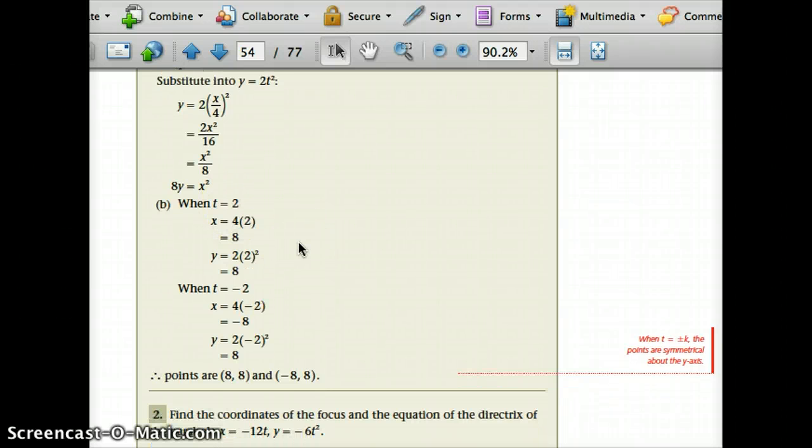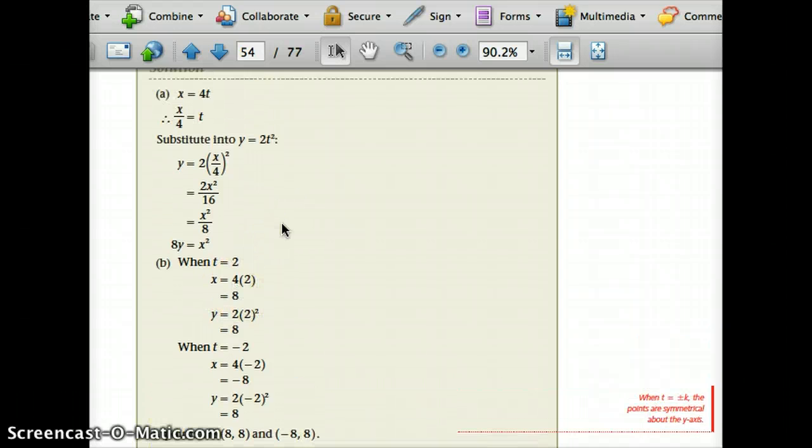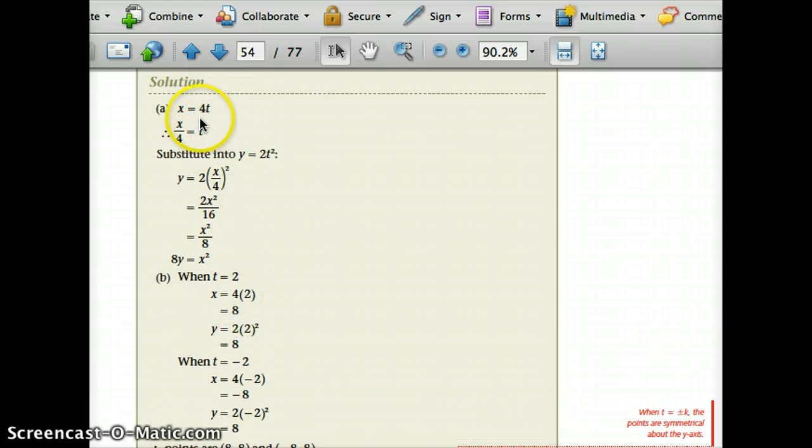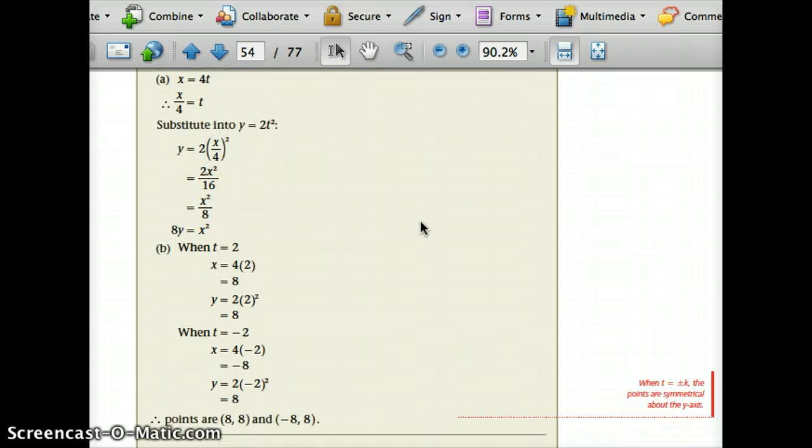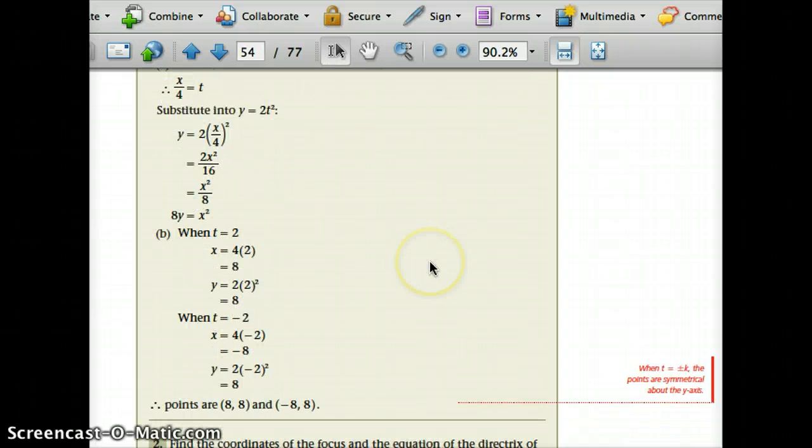So if you have a look here, when t equals 2, x equals 4 times 2, because it's 4t. Does that make sense? So when t equals 2, we just sub it in there, and there's our answer. When t equals minus 2, we can sub it in, and there's our answer as well. And we can do the same thing for y. Just sub plus 2 in, minus 2 in for y as well. Okay, so we've got our 2 points. All right?